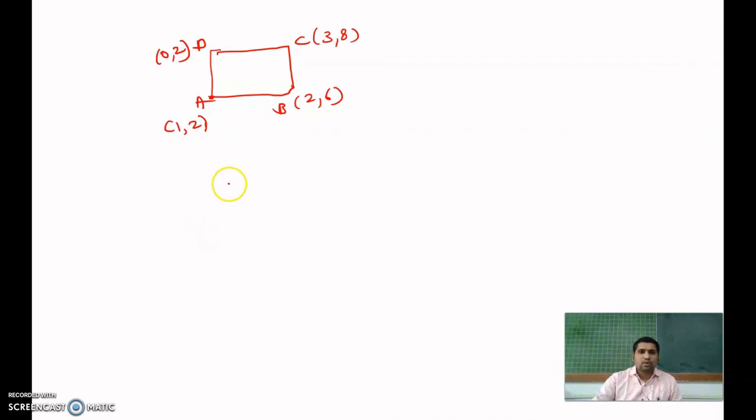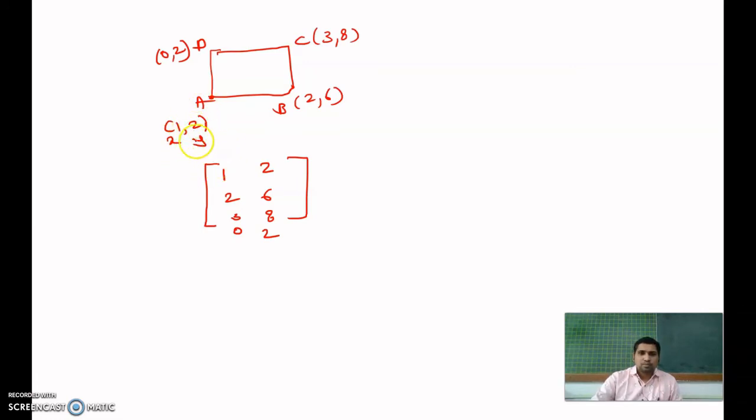Okay, so we can write this in terms of matrices like 1, 2, 2, 6, 3, 8, and last 0, 2. You can see here, this is the x position and this is the y position of the coordinates.